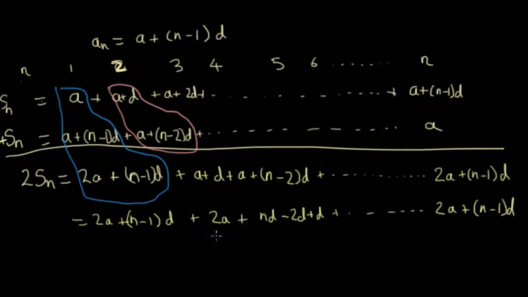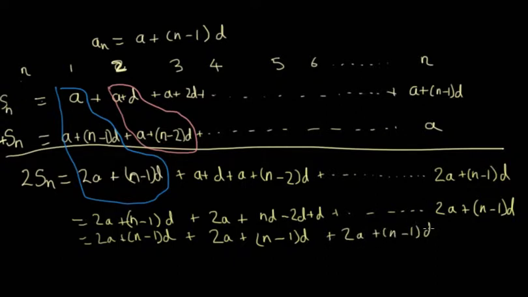Minus 2d plus d is minus d. So we've now come back to n minus 1 d plus 2a plus n minus 1 d.